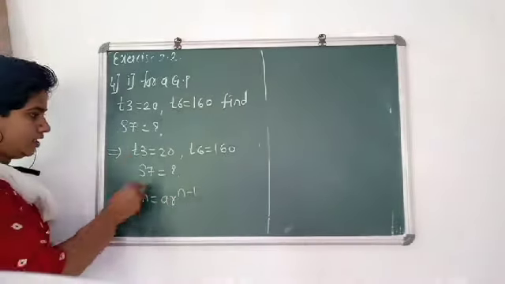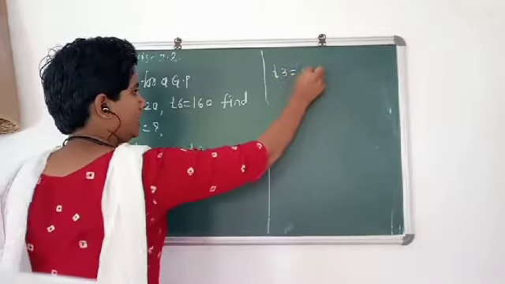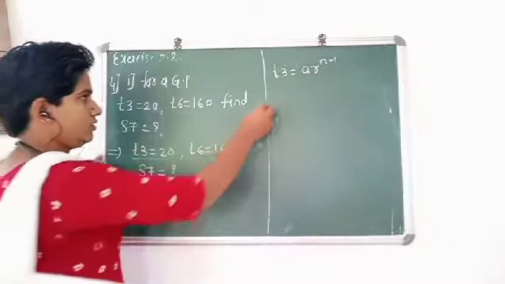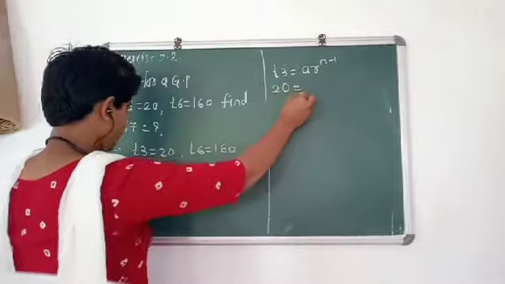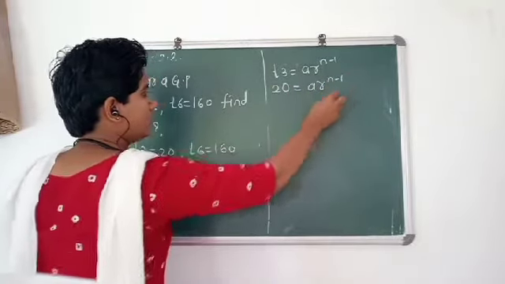Here T3, the third term, is given, so T3 is equal to a into r raised to n minus 1, and the value of T3 is 20, so 20 is equal to a into r raised to n minus 1.